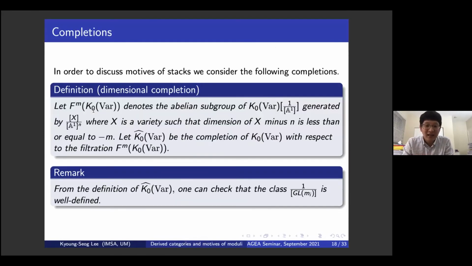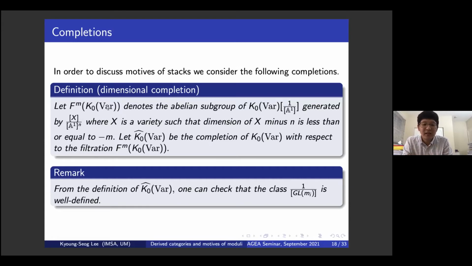But I need one more setup because I will discuss the motive of a stack. So I will need one more additional technique: the so-called dimensional completion of this motive. This comes from the theory of motivic integration. I can give a certain filtration on the Grothendieck ring of varieties, for example, and then take a completion.